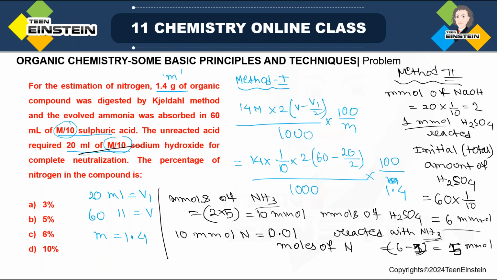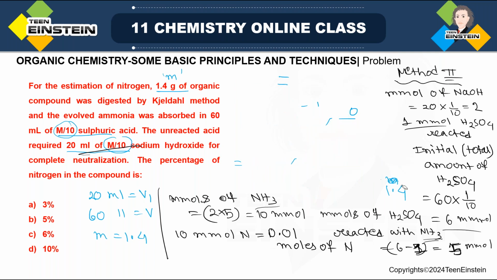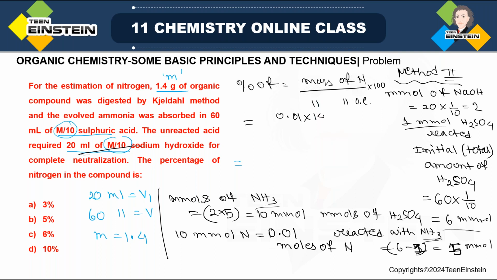So as we have reached the final step, 0.01 is the number of moles of N. Then percentage of nitrogen is mass of N divided by mass of organic compound multiplied by 100. Mass of nitrogen is number of moles multiplied by 14, divided by 1.4, multiplied by 100.